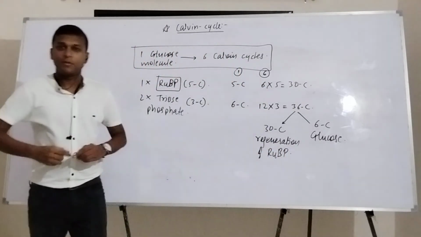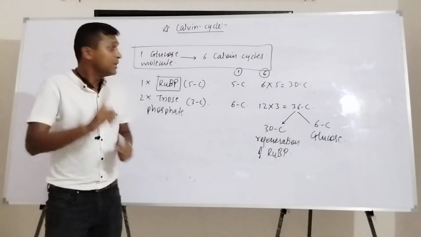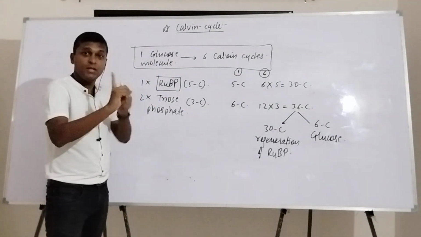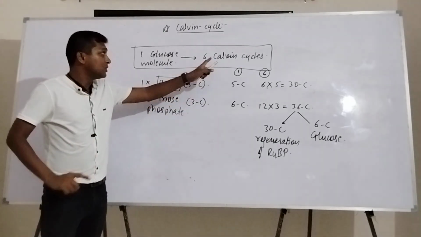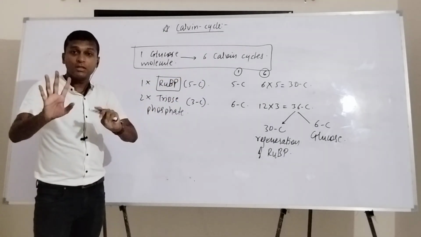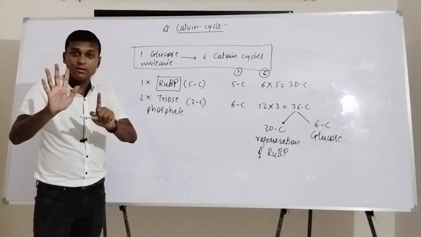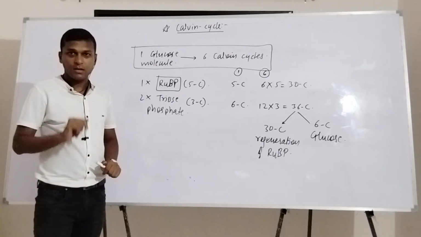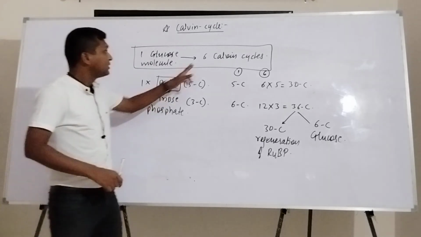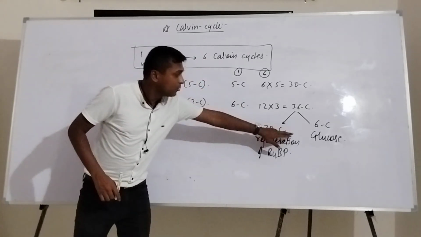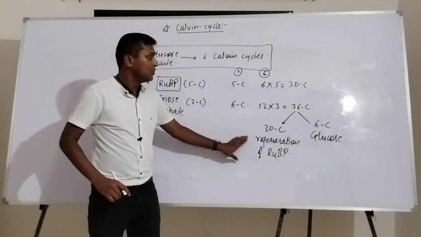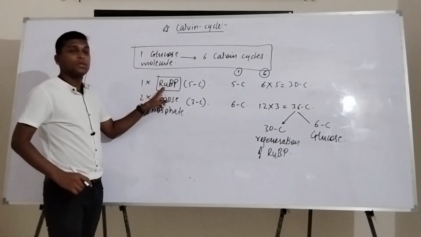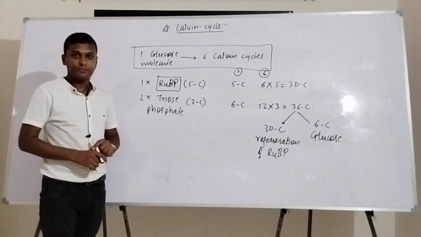Getting my point? That is how in 1 Calvin cycle, if one carbon atom is fixed, that means in 6 Calvin cycles, six different carbons are fixed. Correct? That is how in 6 Calvin cycles, one glucose is produced, and the remaining 30 carbon can be used for regeneration of RUBP.